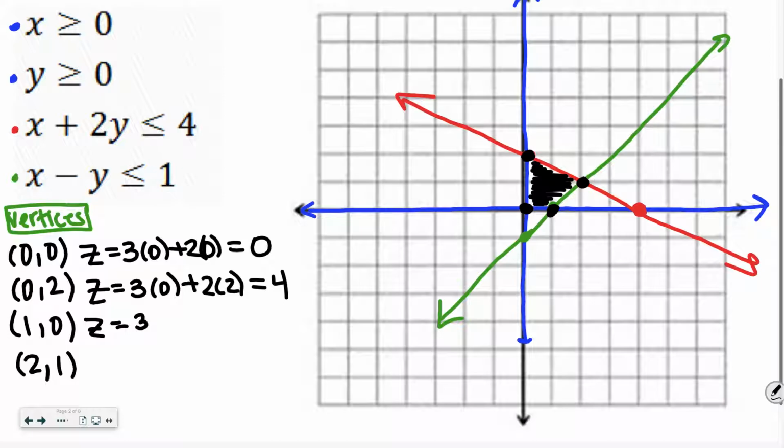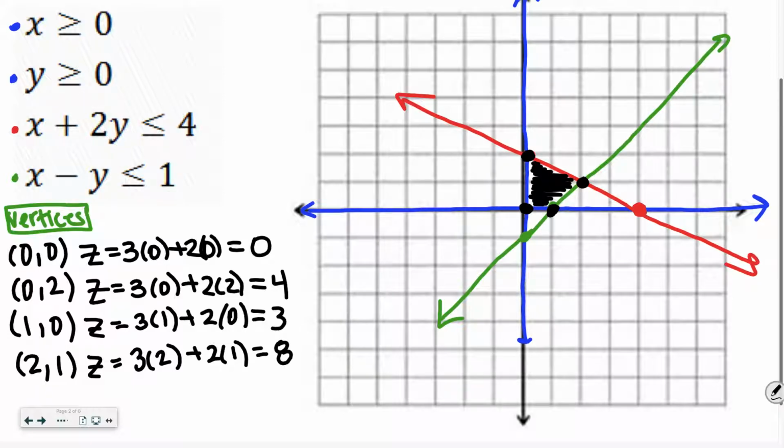At the coordinate 1, 0, our z value is 3. Our z value is 8 at the coordinate 2, 1.